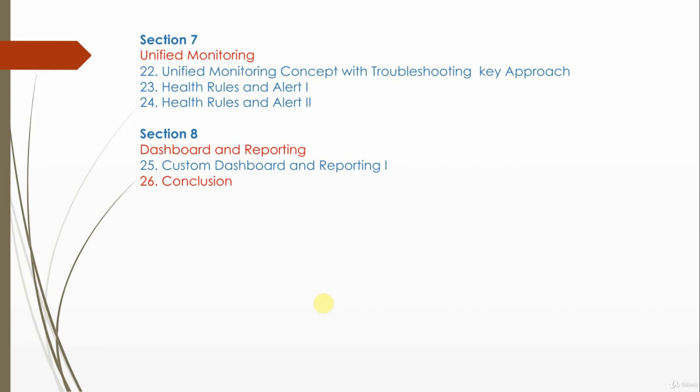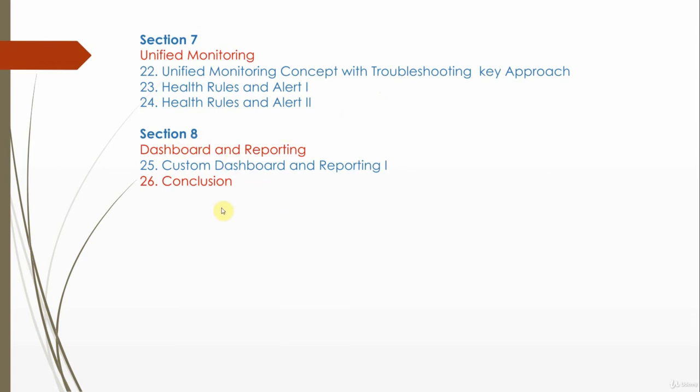We're looking at this unified monitoring concept as it begins to touch the application layer, the database layer, and some infrastructure visibility. We're also going to look at health rules and alerts. You want to be notified when things go wrong or when there is deviation from the set threshold. We're going to look at how you set health rules, basic stuff, and how you can get notified.